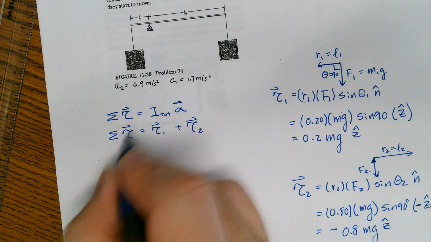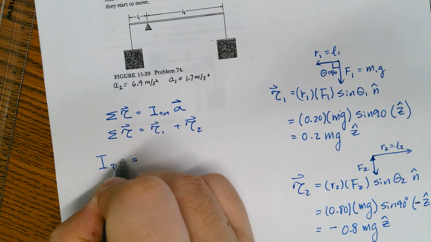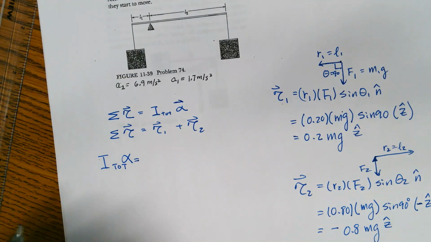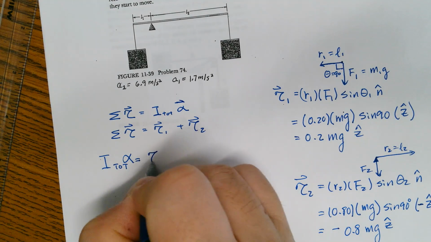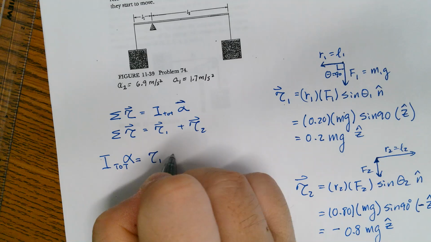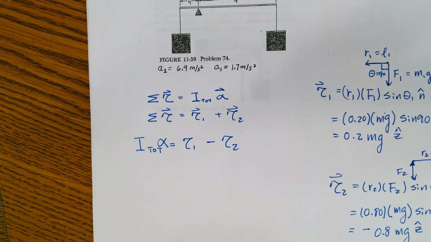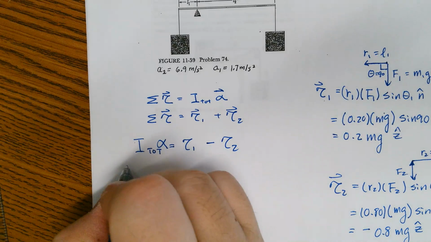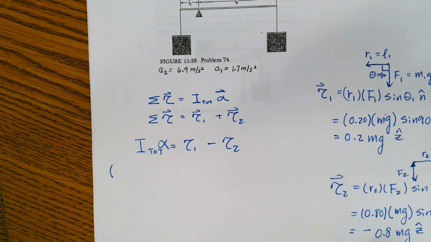So let's add them up. I total alpha is equal to torque 1 plus torque 2, where torque 2 is negative.